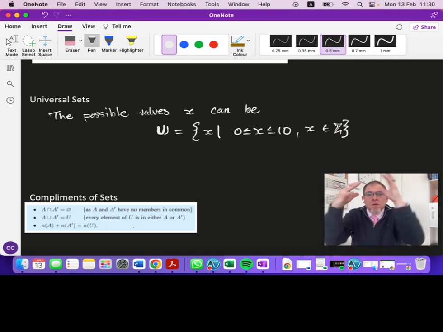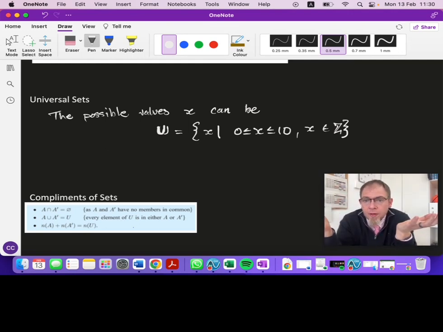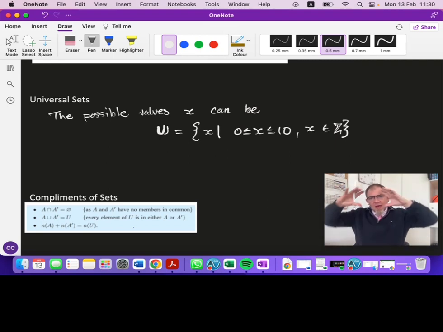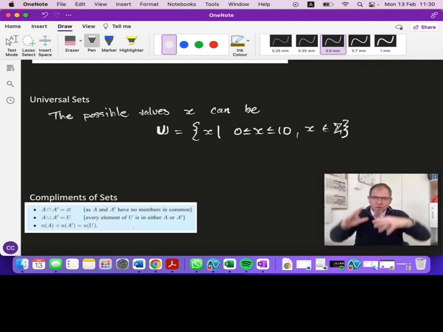So for the rest of the problem that I work on, the only thing I can talk about are the integers between 0 and 10. So that's 0, 1, 2, 3, 4, 5, 6, 7, 8, 9, 10. There's 11 of them. That's the frame.